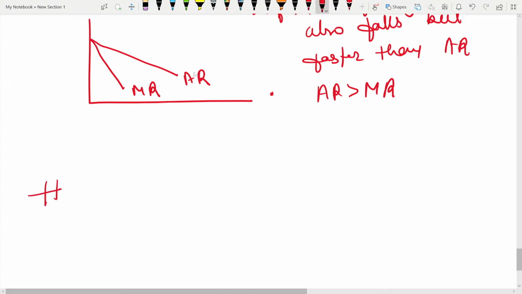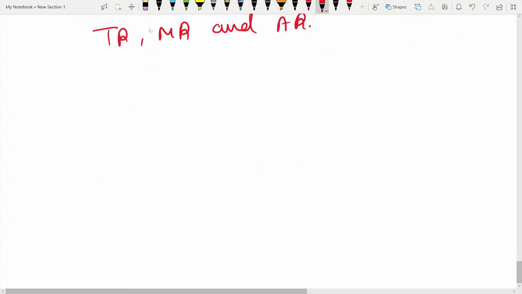So this is another topic, firm's revenue curve in different markets. One relationship that I forgot to tell you: TR, MR and AR. What is the relationship?